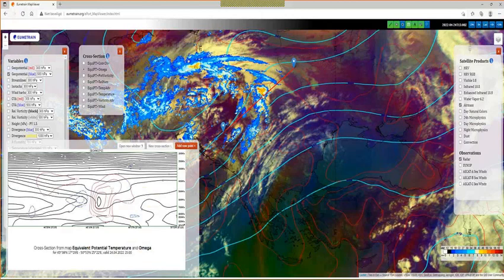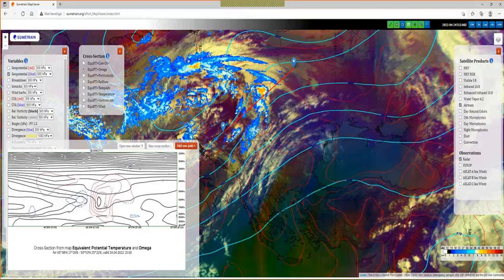At the same time, I produced a vertical cross section, and you can see on this slide how I produced that. It's from southwest to northeast, and I cross the line of convection. If we look at the bottom left image, you can see the result of this vertical cross-section, where you can find a combination of equivalent potential temperature and, in this case, I have chosen omega, the net vertical movement information.